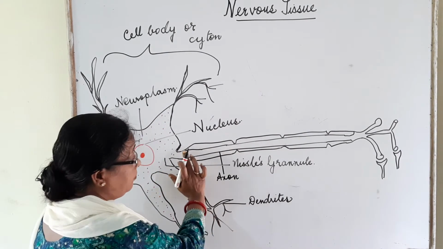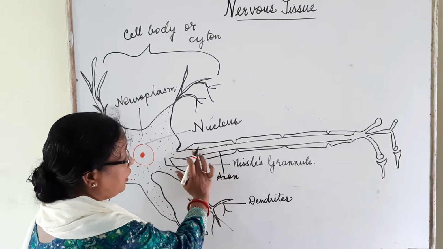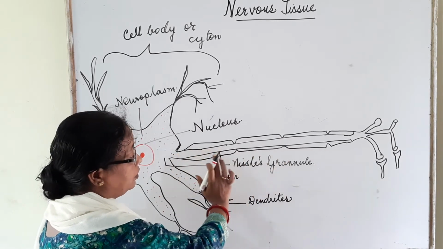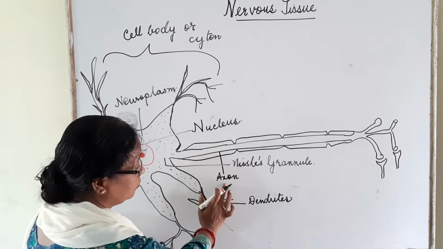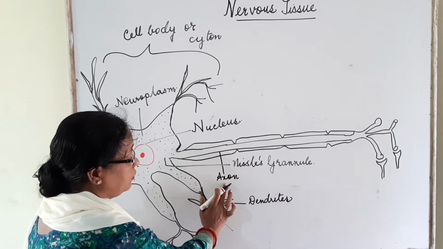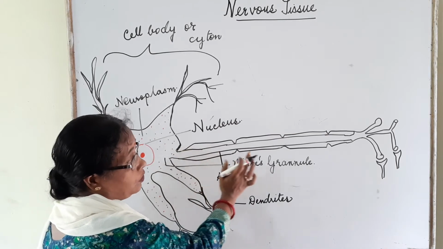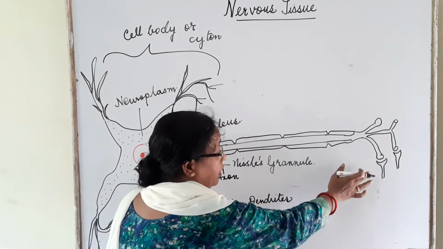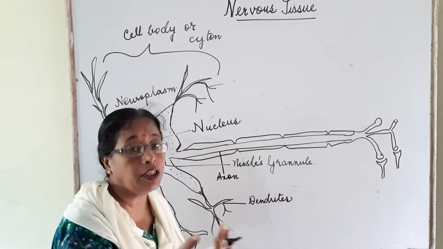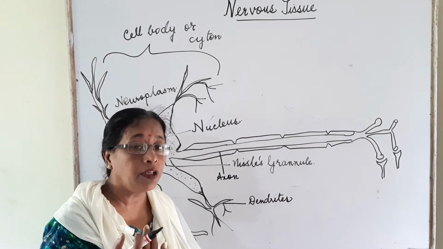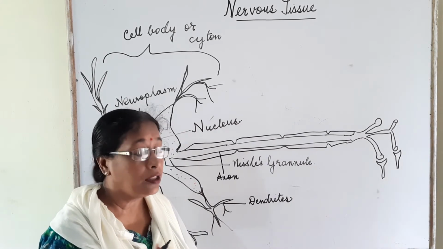We see a stem-like structure arising from the cyton. This stem-like structure is known as axon. The axon carries impulses from the cyton towards the nerve ending, and it transmits the impulses to other nerves.